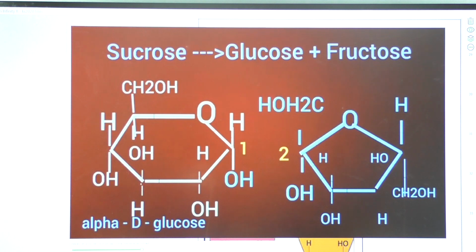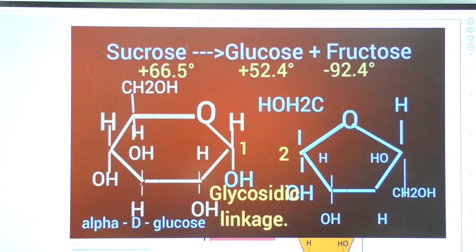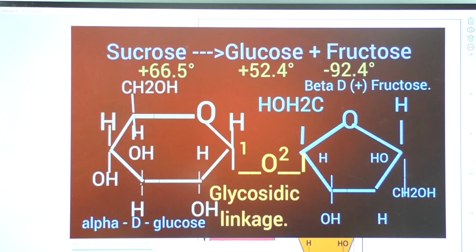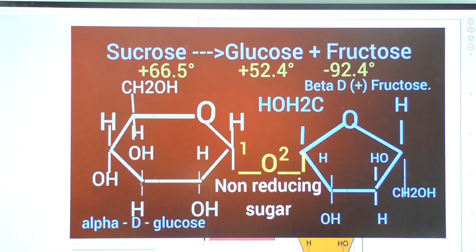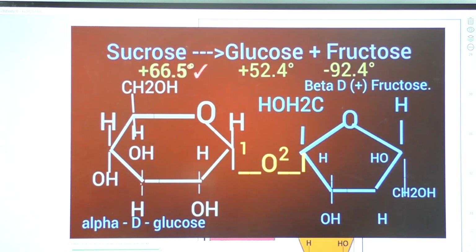The OH on the number 1 position of alpha-D-glucose and the OH at the number 2 position of beta-D-fructose combine to give a water molecule, and a glycosidic linkage is formed between alpha-D-glucose and beta-D-fructose. It is a non-reducing sugar. Sucrose is dextrorotatory. And then go to the next question.